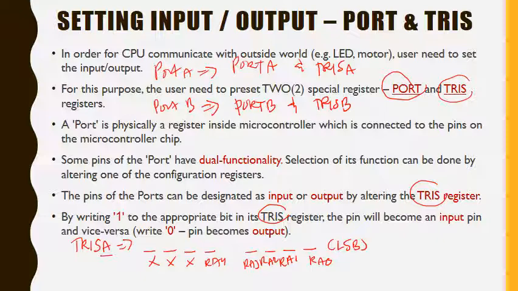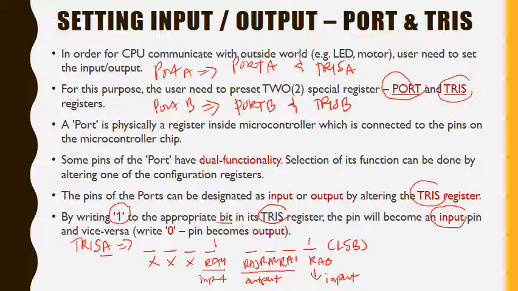Let's say we want the respective pins in port A to be set up like this. RA0, we want to become an input pin. RA1, 2, and 3, we want these 3 pins to become output pins. And RA4, we want to become an input pin. What we need to do is write 1 to the bit that we want to become an input. Those we want to set as input, we give 1.